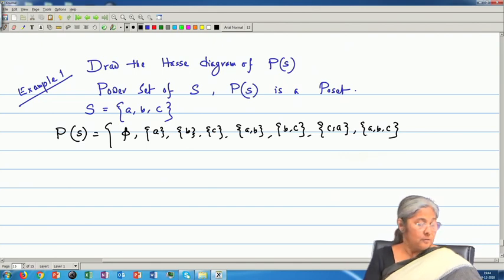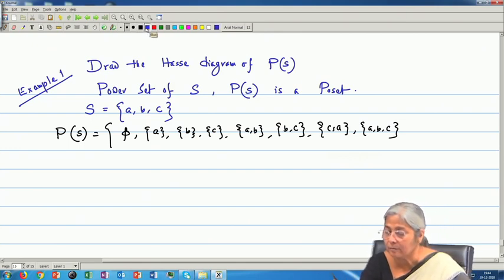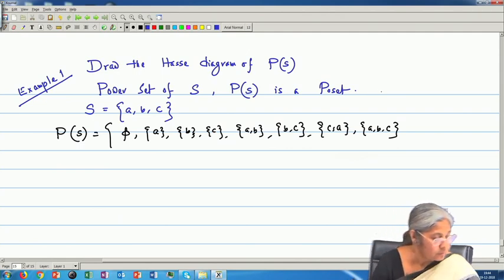And the relation here, when it is a poset, is the subset, set inclusion.